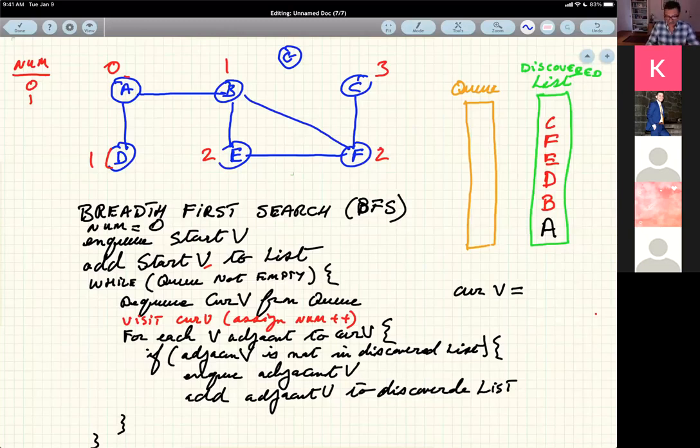Or I could have a disconnected graph where there's G, which is connected to H and connected to I. But this graph of GHI is a separate graph. It's a part of my graph, but it's disconnected from my current graph. From A, B, C, D, E, and F, G, H, and I are a separate graph. They're disconnected.